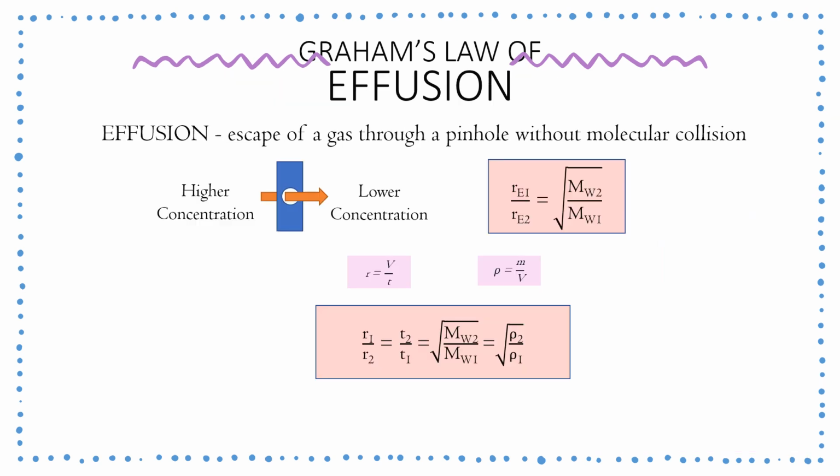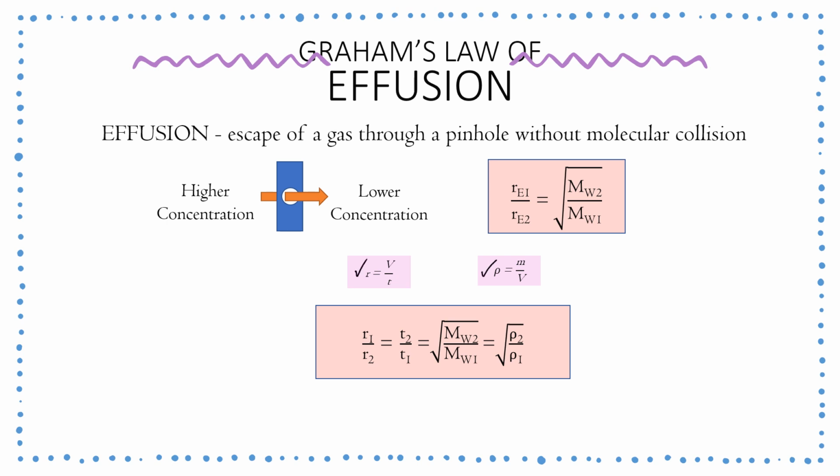Okay, so based on the definition of Graham's law of effusion, the relationship of the rate to the molecular weights, we can also have different equations for that based on the definition of density and the rate.